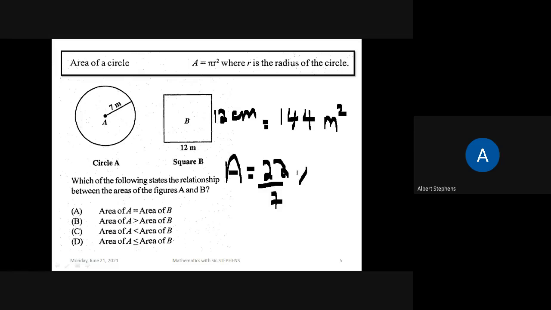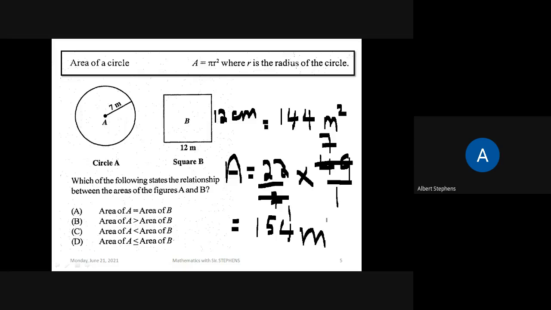22 over 7 pi multiplied by r squared. 7 sevens is 49. What's 7 into 7? 1. What's 7 into 49? It will be 7. What's 22 times 7? 154. So the area of the circle is 154 meters square.